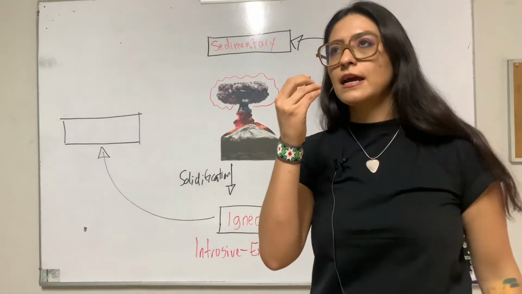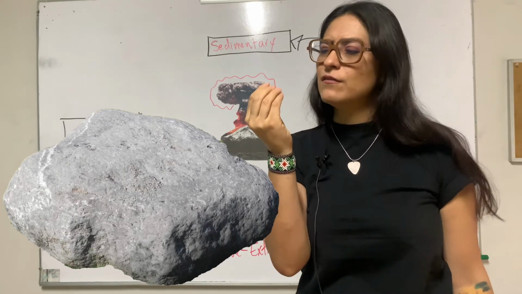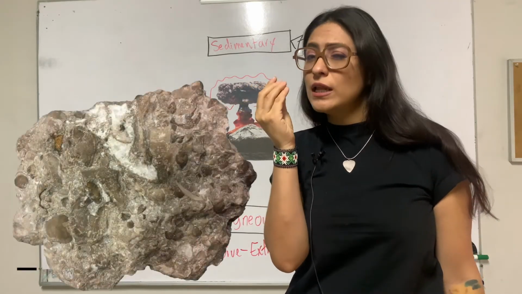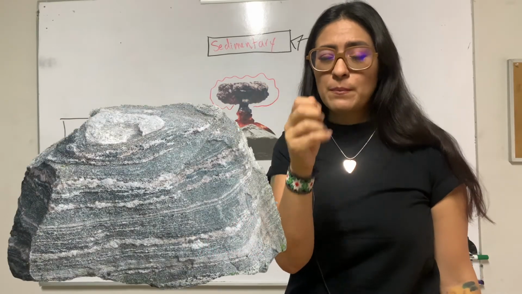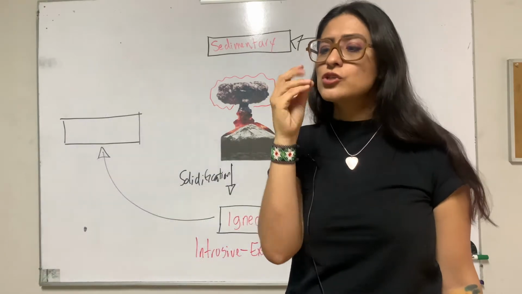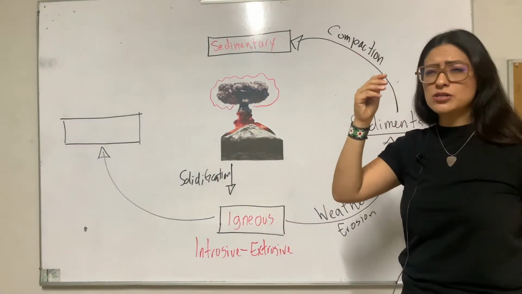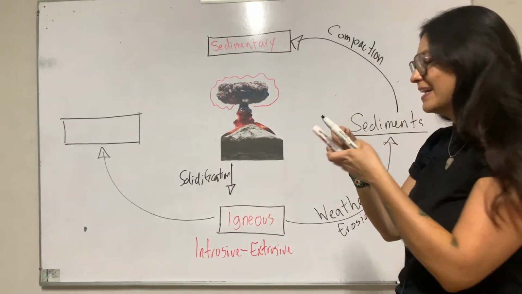If you have ever touched it, it feels kind of dusty because it's made of sediments, pieces of sediments that are tight and build a new rock. So if you touch this type of rock, it feels sandy, right?